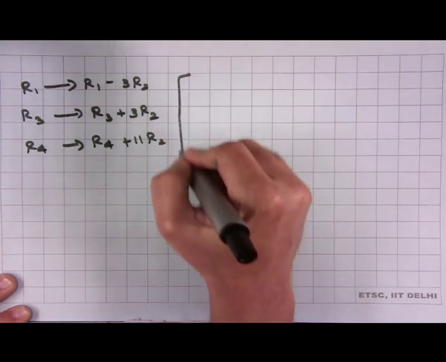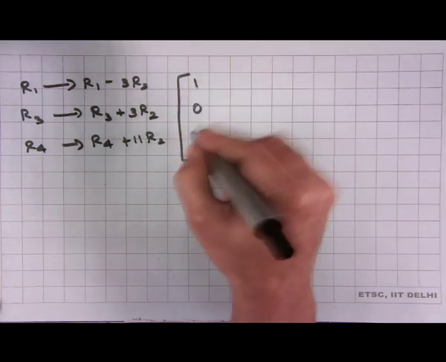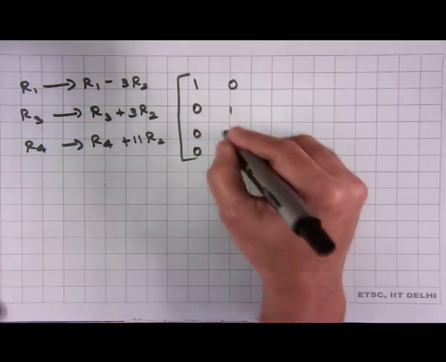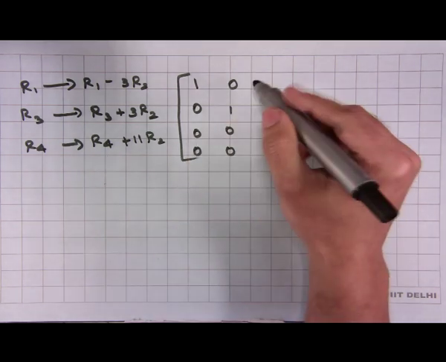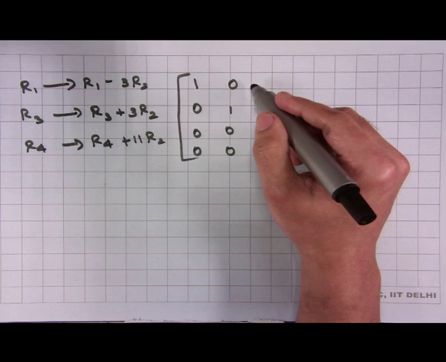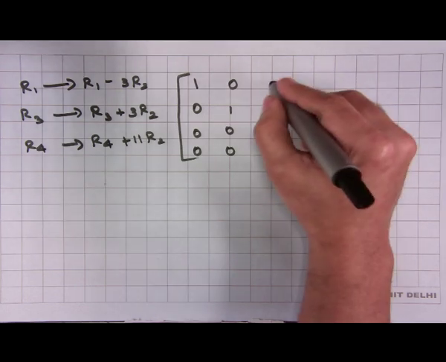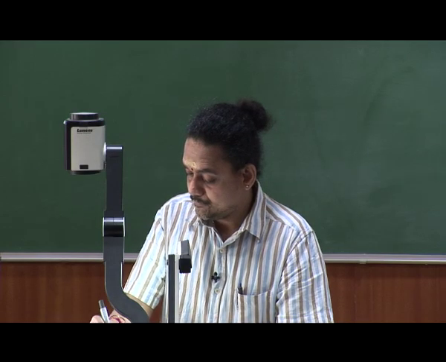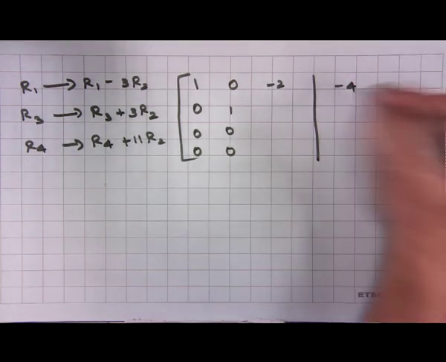Well, let us do these operations. The first column is going to be 1 0 0 0, the second one turns out to be 0 1 0 0, the third one let us calculate. R 1 is replaced by R 1 minus 3 R 2, so 4 minus 6, which is minus 2, augmented with 11 minus 15, which is minus 4.